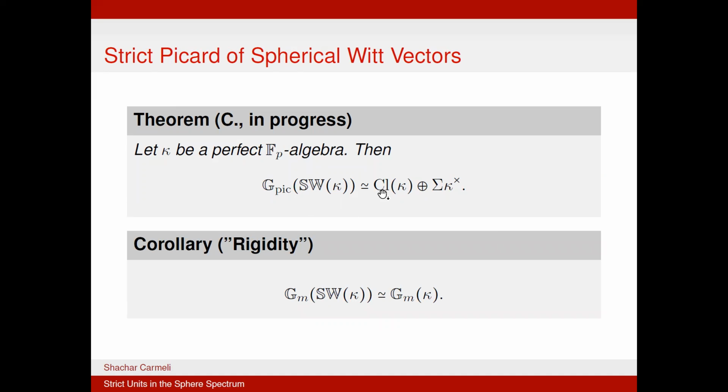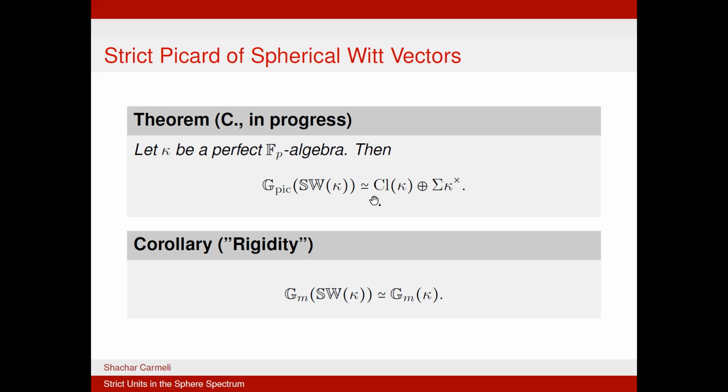Actually, the previous one can also be said in similar language: the strict Picard spectrum of the spherical Witt vectors is just the classical Picard spectrum of kappa, which doesn't allow suspensions. So the bottom result tells us that G_m is a rigid thing that doesn't see the fact that we turn it into a spherical E-infinity ring, as long as it's sufficiently flat.